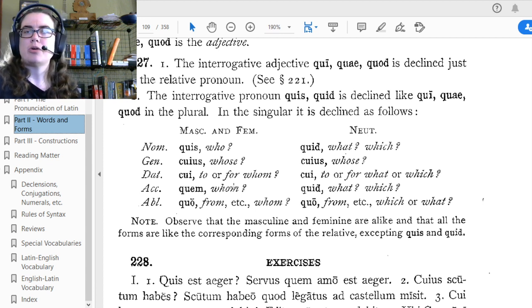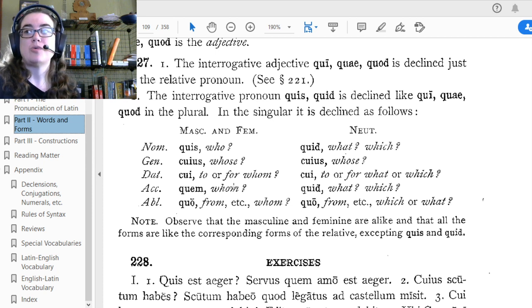How are you going to tell if you're looking at a relative pronoun or an interrogative pronoun? Well, a relative pronoun is going to be introducing its own verb in a subordinate clause. There's going to be a main verb. The interrogative pronoun is probably going to be introducing the sentence, and is probably going to be a question.